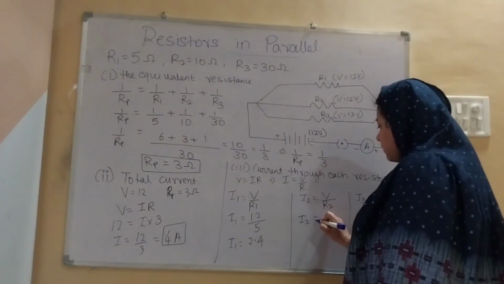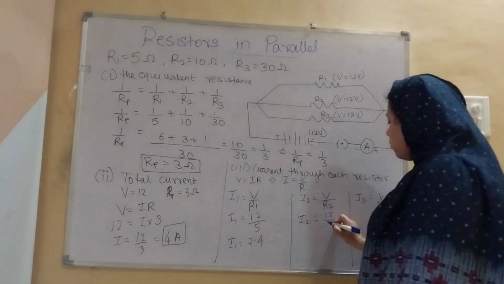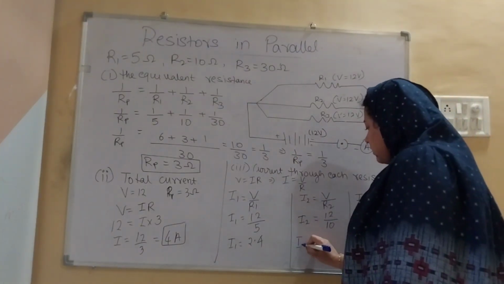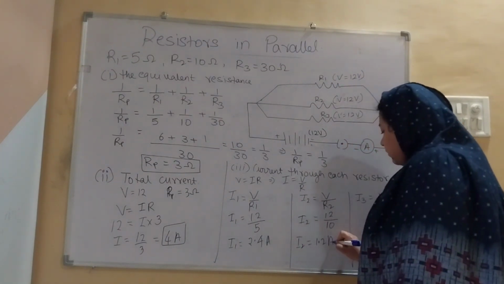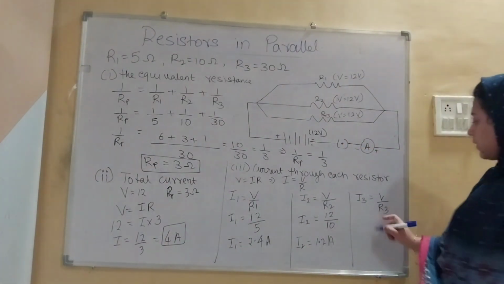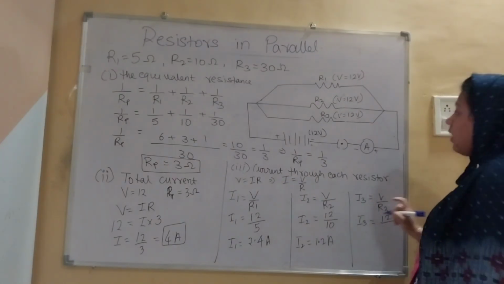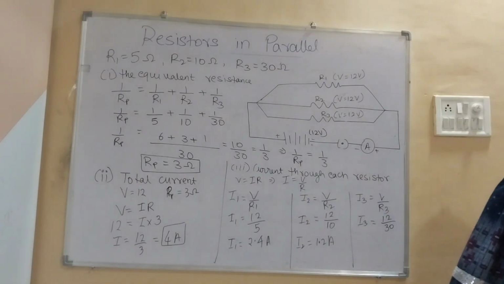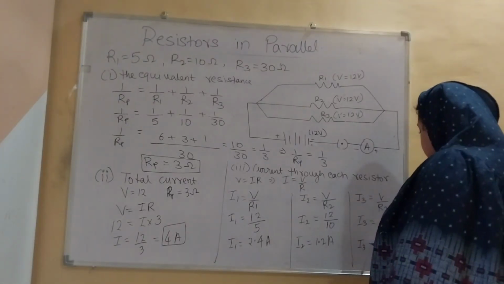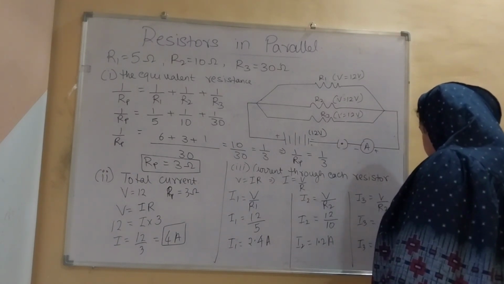I2 is equal to 12 upon what is R2? 10, which is equal to 1.2 ampere. Okay. Third, I3 is 12 upon what is R3? 30. Okay, 12 upon 30, 0.4 ampere.